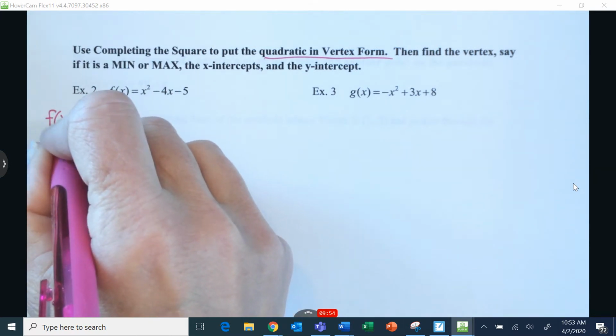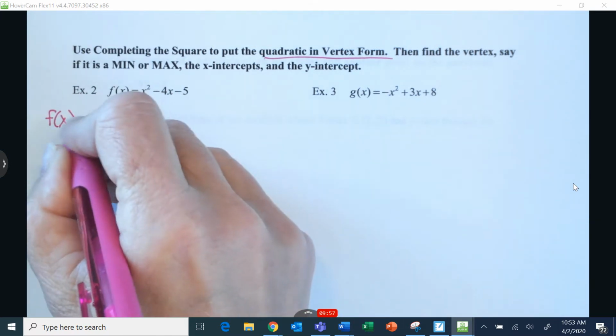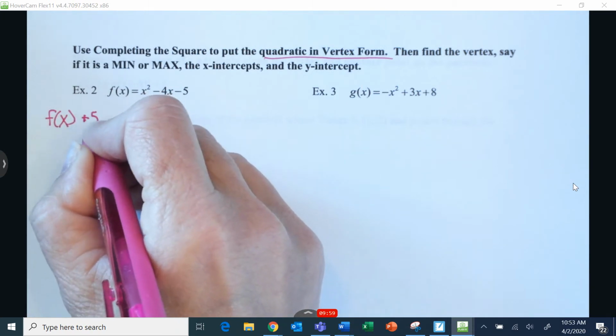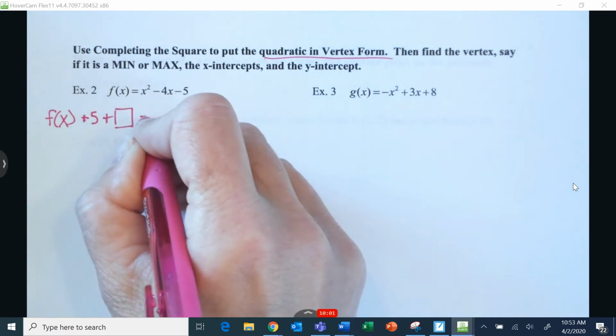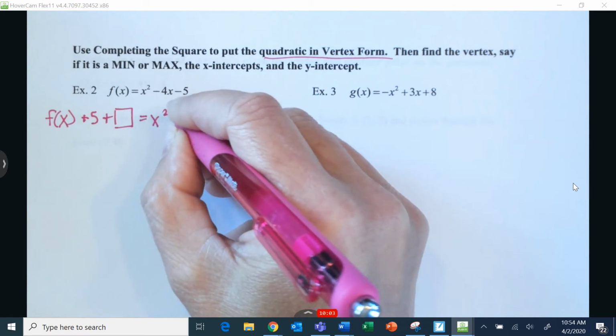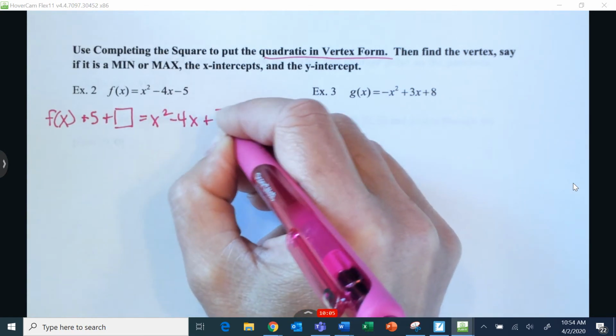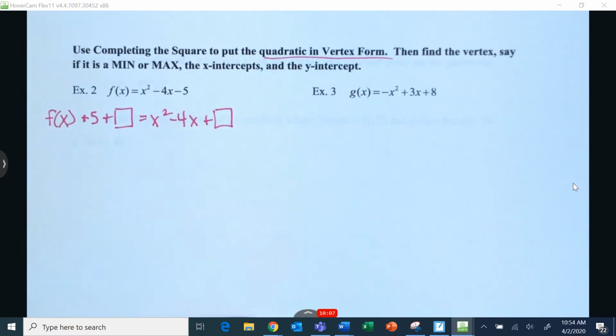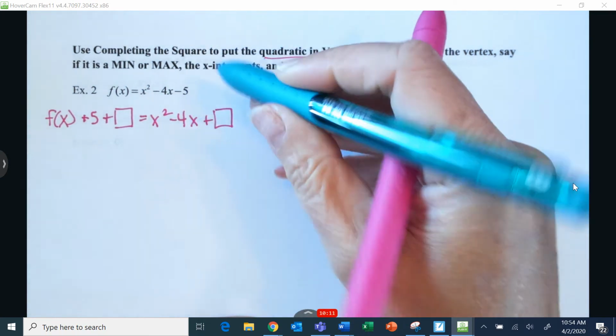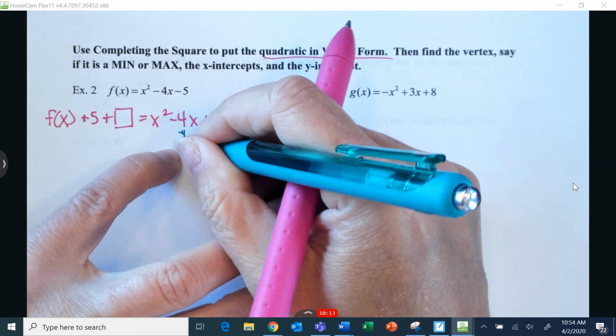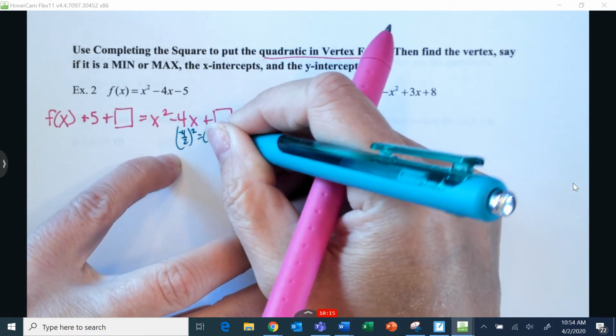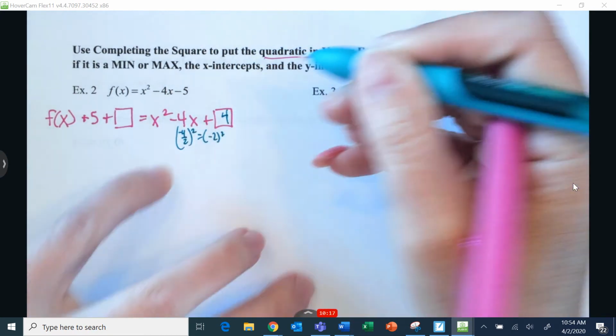All right, so to complete the square, first of all, f of x, I'm going to just move that 5 over, and I'm going to add a square. On the other side, x squared minus 4x, add a square. Okay, and then we divide the middle term by 2, and then we square it, and we get 4.